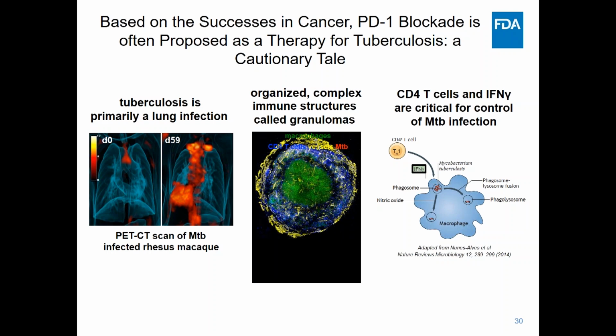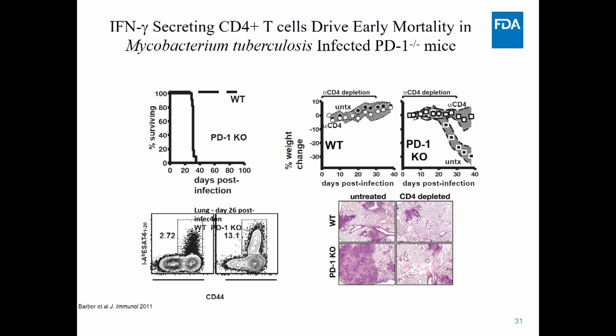It's also well known that CD4 T cells and interferon gamma are critical for control of TB infection. So in patients with TB and granulomas, blocking PD-1 seems a natural way to unleash a better response to TB. But in fact, what it did was to unleash early mortality.